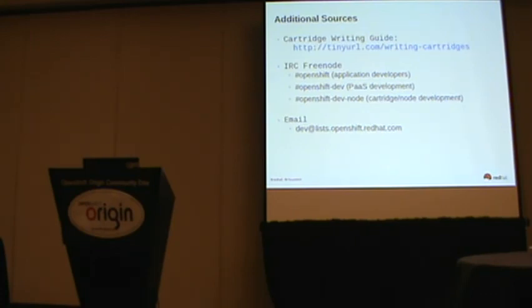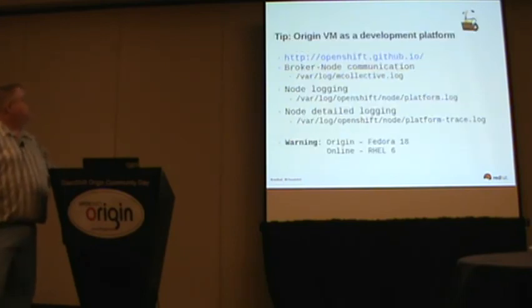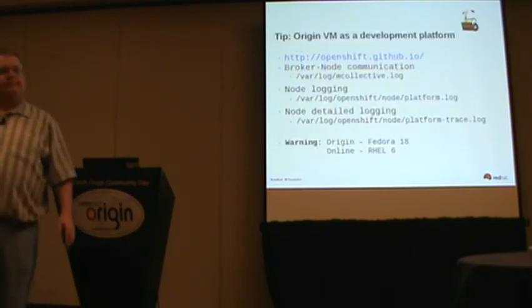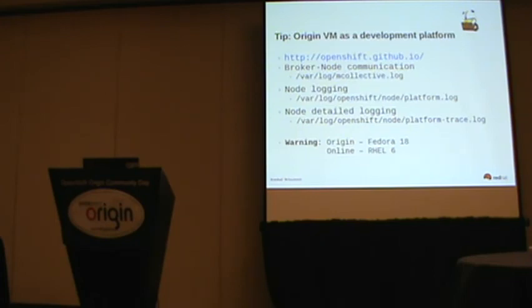One last question, then I'll shut up. Has anything changed with the V2 as far as the scale up event happens, or is it still the same rsync? Or do cartridge authors have any control over what gets rsync'd now? No, okay, we do what we want to do. Yeah.